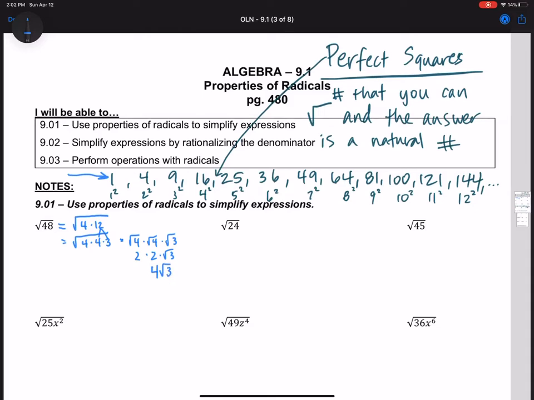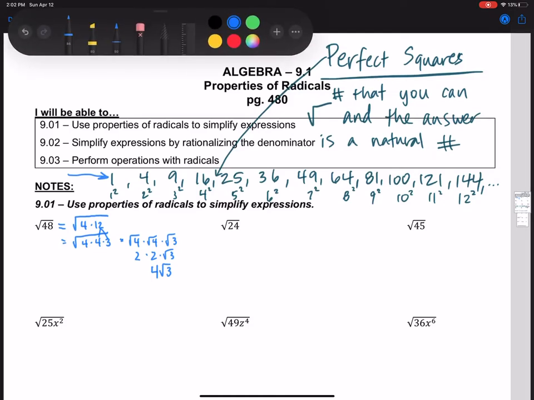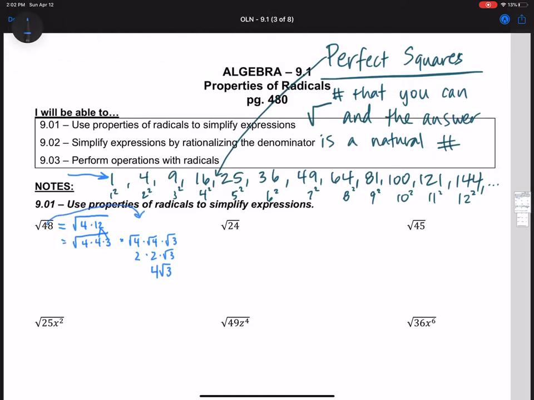Another option is you could just use 16 times 3, which we know is the square root of 16 times the square root of 3, which is 4 square root 3. So that's using the perfect squares.